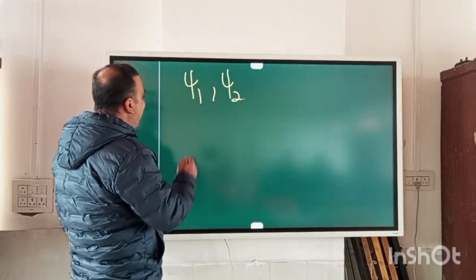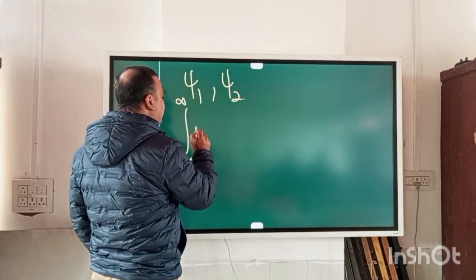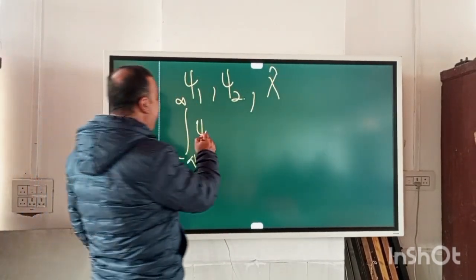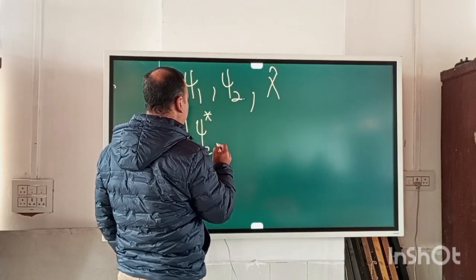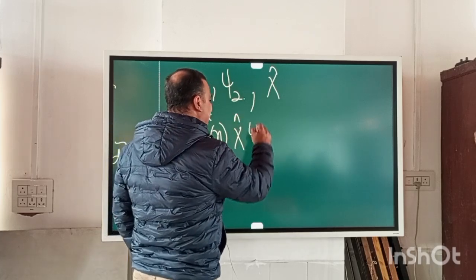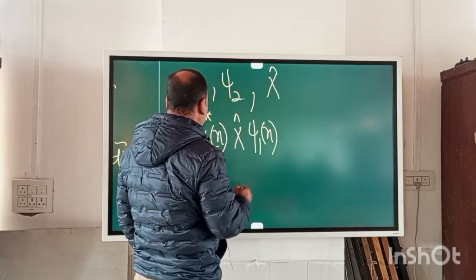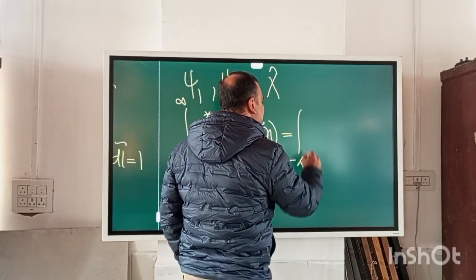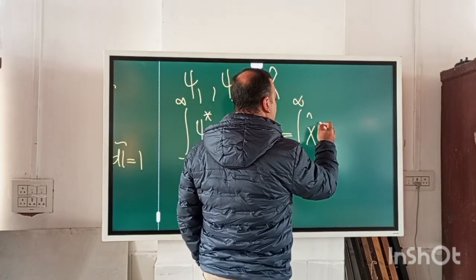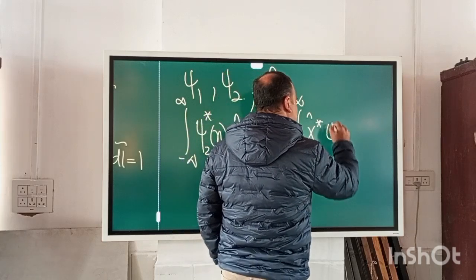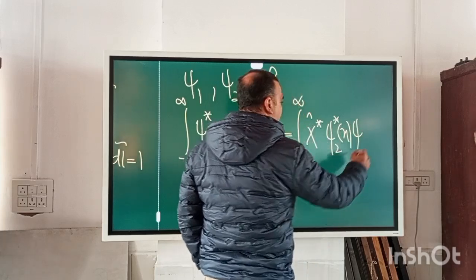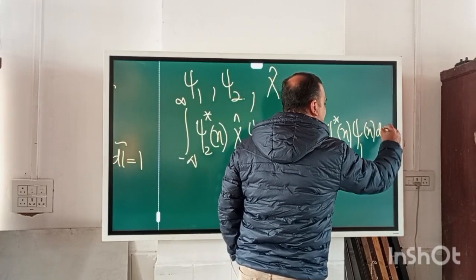I would write the integral from minus infinity to infinity of psi 2 star of x, x cap psi 1 of x, is equal to the integral from minus infinity to infinity of x cap psi 2 star of x, psi 1 of x dx, where I define the operator x cap.